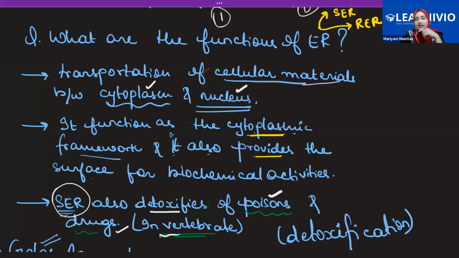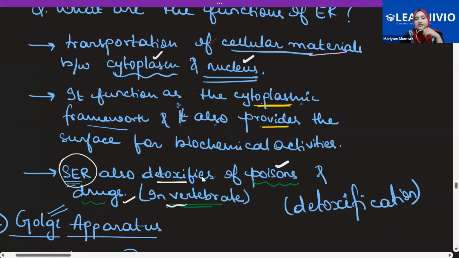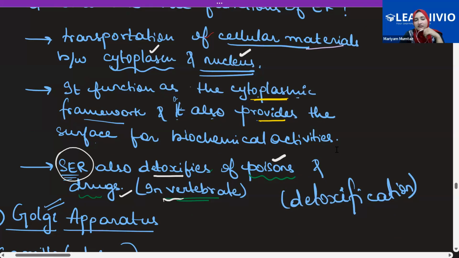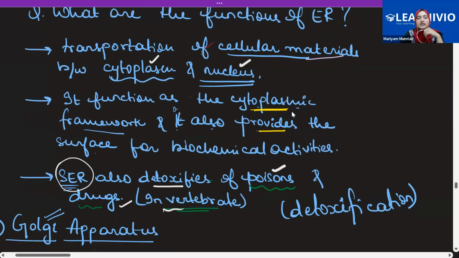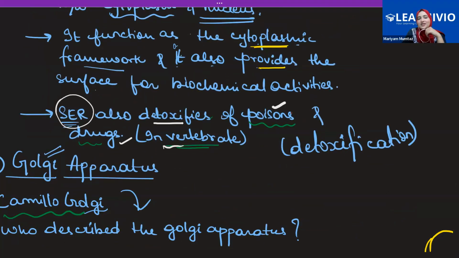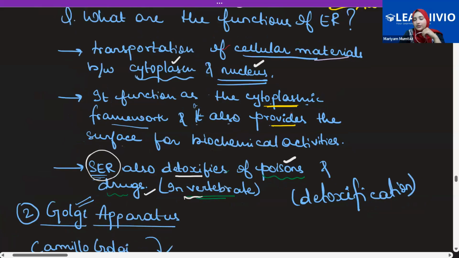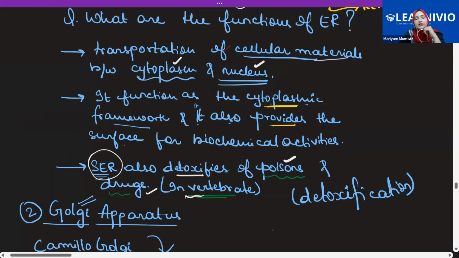Apart from that, it also provides a surface for biochemical activities to take place. So these are all the different functions. I have written here also that smooth endoplasmic reticulum is responsible for detoxification of poisons and drugs in the case of vertebrates. So this is all there is to know about the endoplasmic reticulum. Now tell me if you have any doubts. No, ma'am.